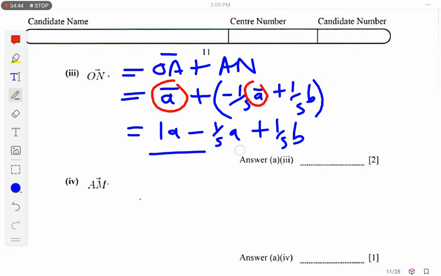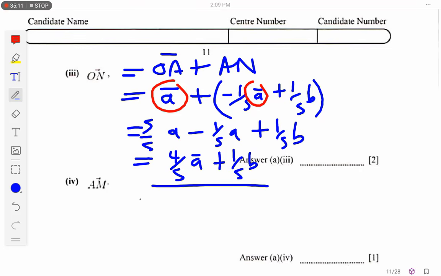Here I can have a common factor of A out, so this is 1 minus 1 over 5. I can simply subtract these: 1 is simply 5 over 5, so 5 over 5 minus 1 over 5 gives 4 over 5A plus 1 over 5B. This is our final answer there.